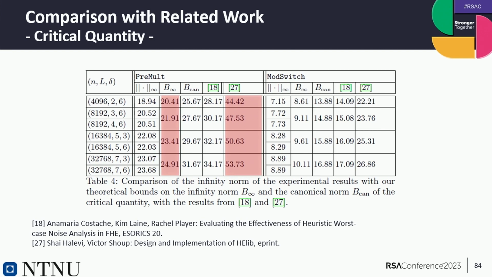And 27, for example, is the bounds that we extracted from the HElib documentation, so the noise bounds that are currently being used in HElib. And so here we see that our theoretical bounds are at most 1.5 bits off the experimentally obtained bounds. And also that we improved upon the bounds in 27 by about 25 bits.